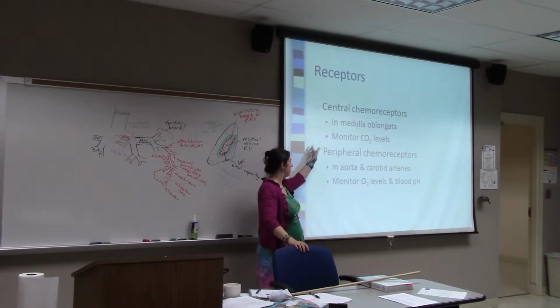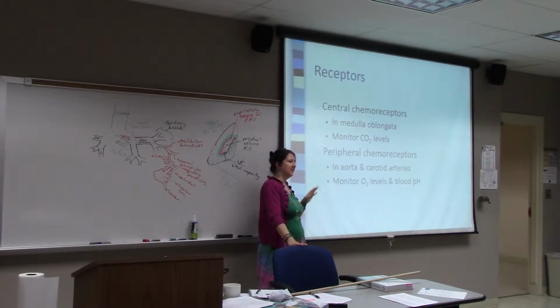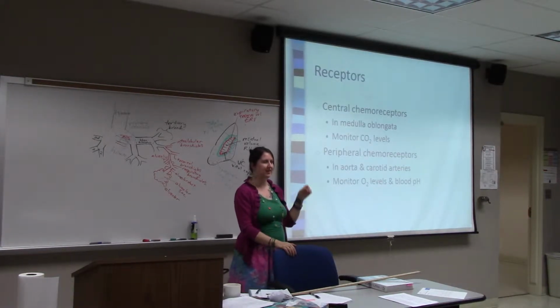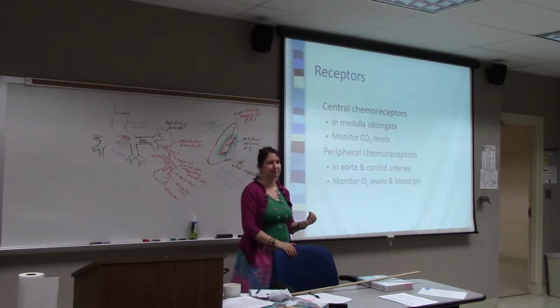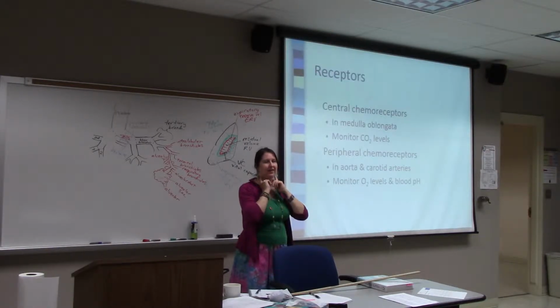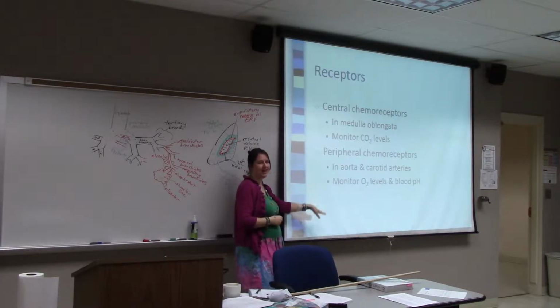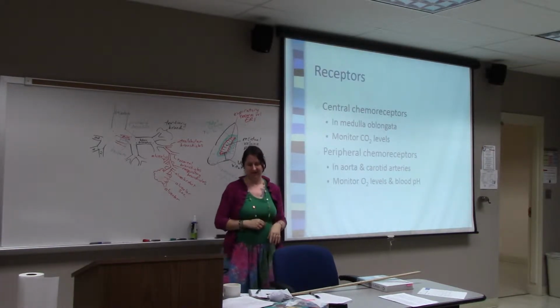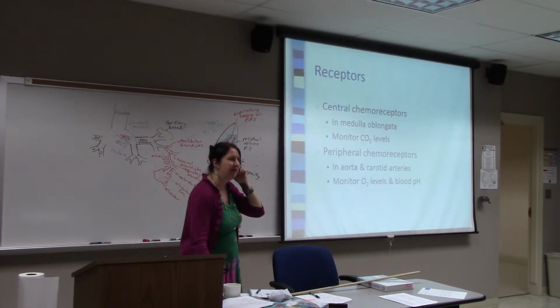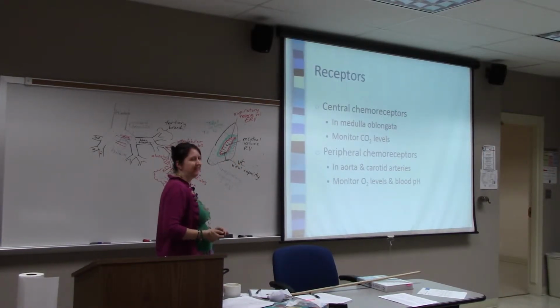Peripheral chemoreceptors are found in arteries, the same locations as the baroreceptors that alter blood pressure, the aorta and the carotid arteries. They detect O2 levels and blood pH. So all three of those main factors get the input through the chemoreceptors.